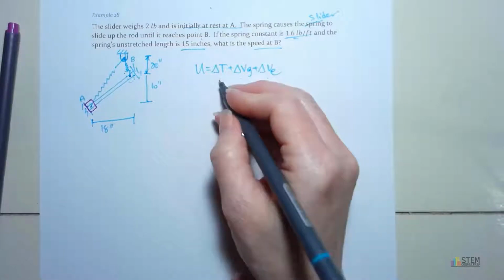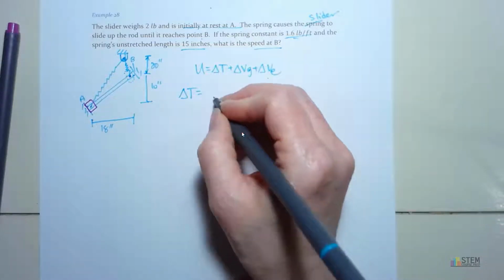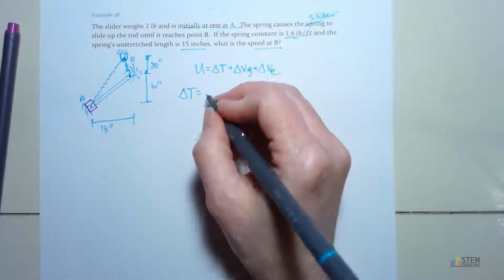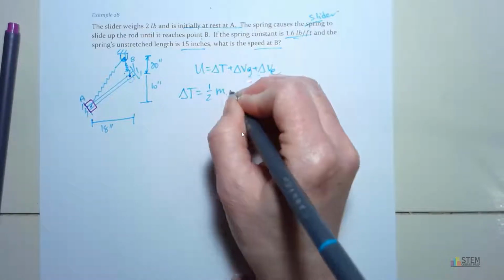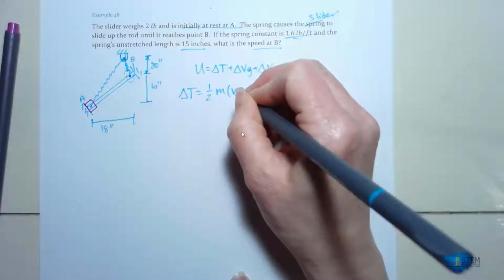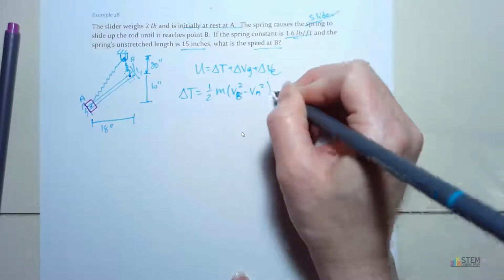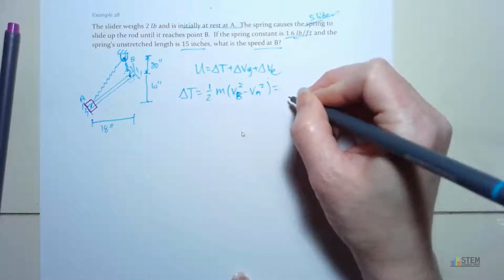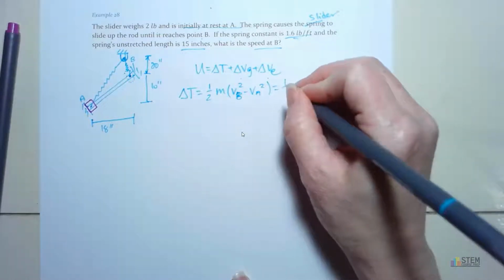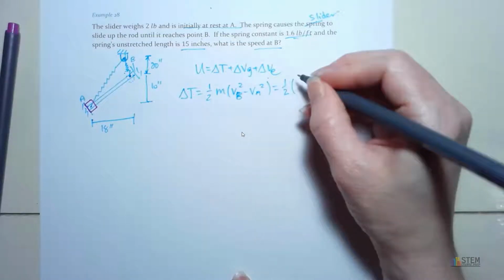All right, so let's start with delta T. So delta T is going to be the change in kinetic energy. So that's the 1/2 m times v, let's see, this will be VB squared minus VA squared. All right, so we've got a value for VA, and we can find the mass, so let's put that in there.